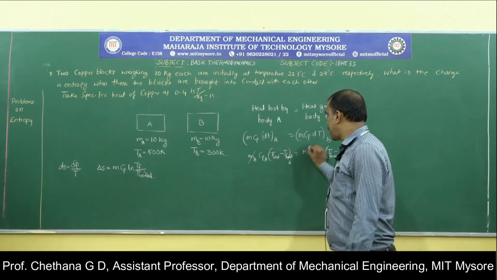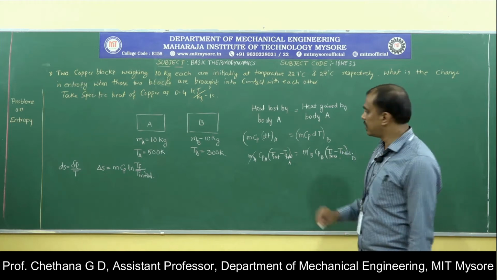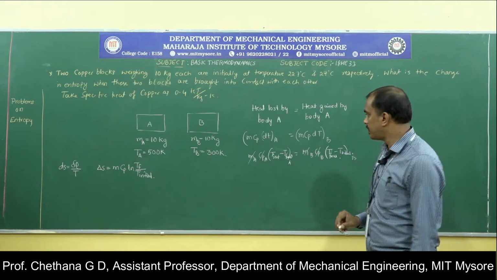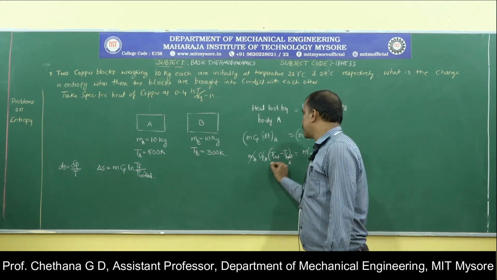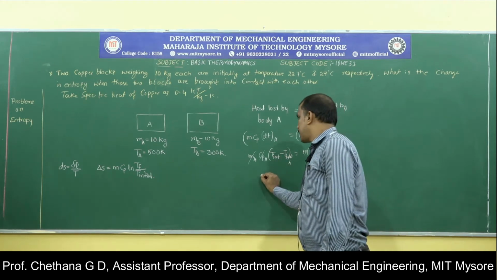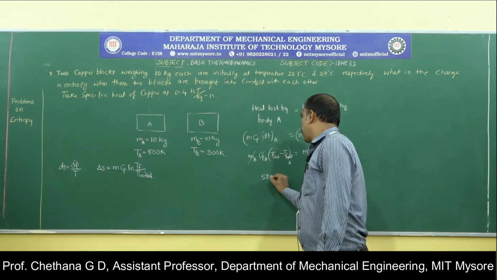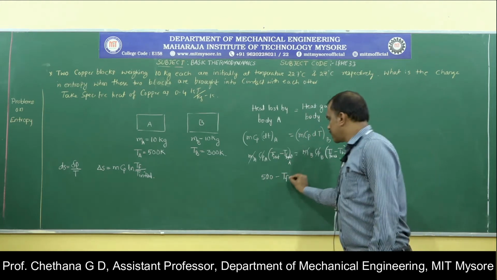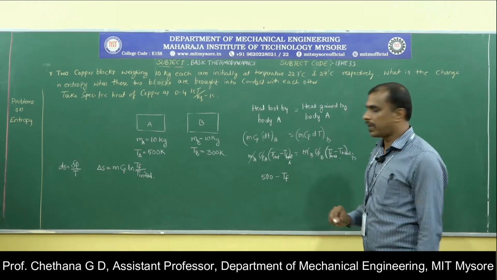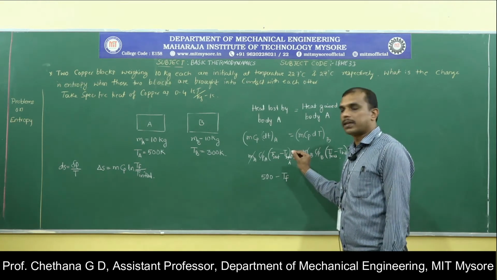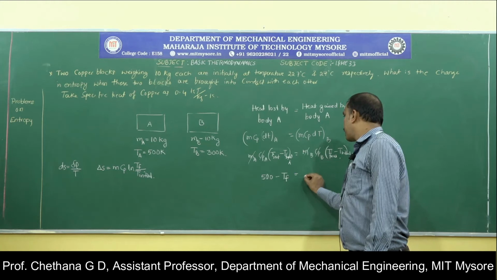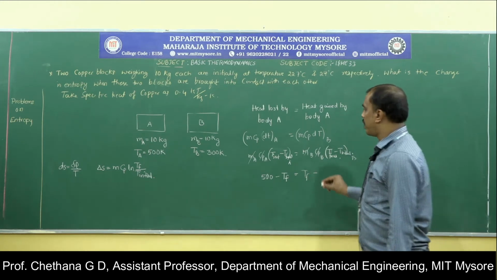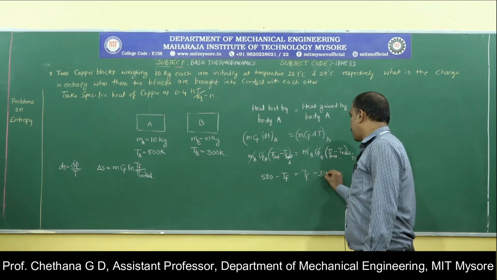So mass of A is same, both are 10 kg, cancel it out. Cp, both are copper blocks, cancel it out. What will remain is T initial of body A, that is 500 minus TF. So TF of body A and B will be same, don't worry about that, represent it as TF itself. Then here also TF minus T initial of body B, which is 300.